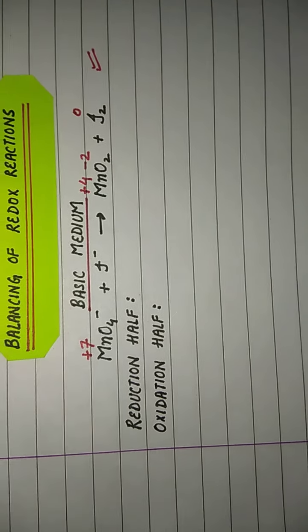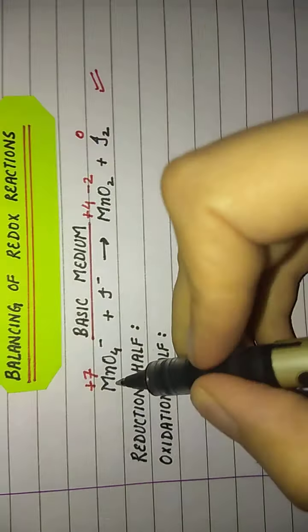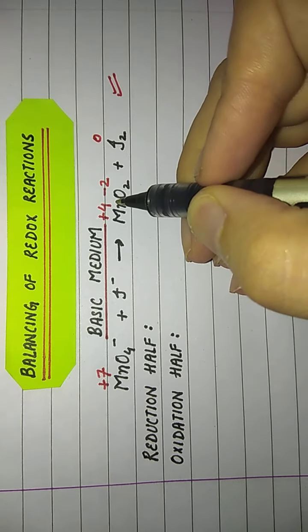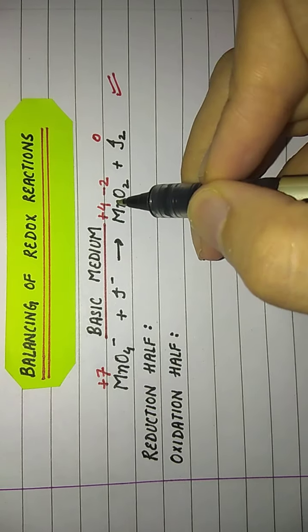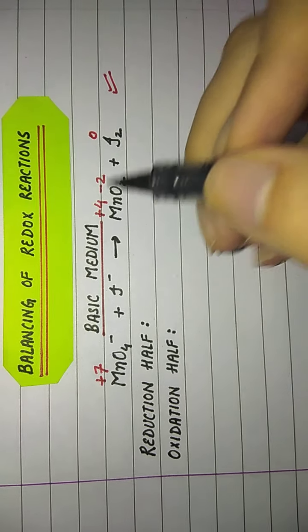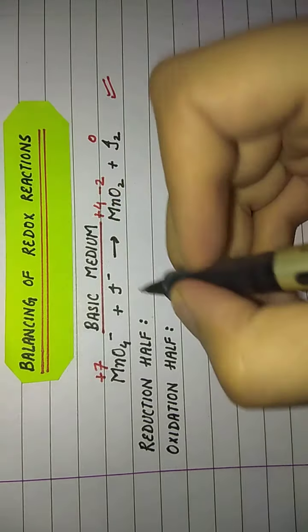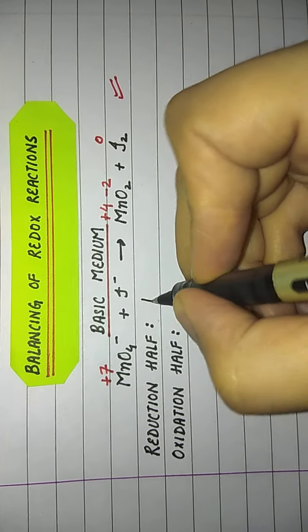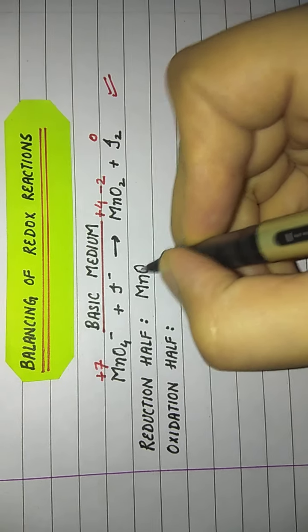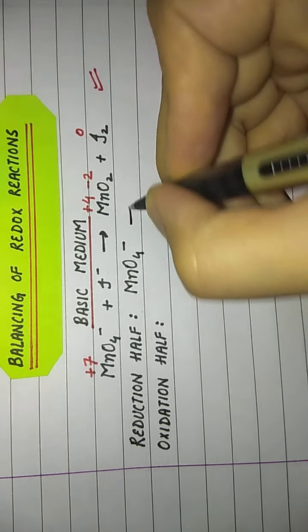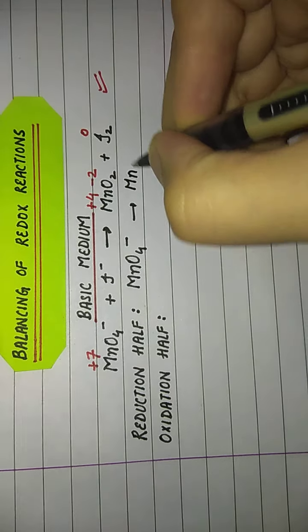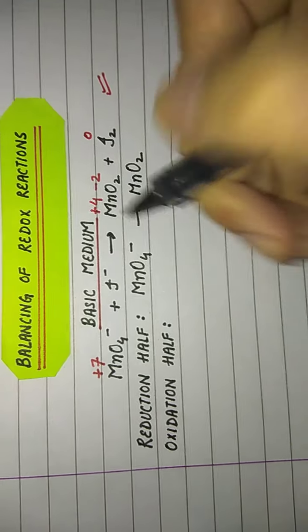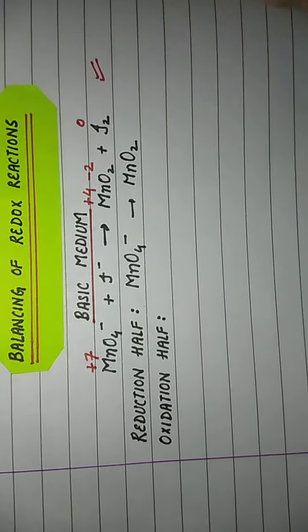So quickly we can see that manganese is moving from +7 to +4. +7 to +4 is a reduction, a decrease in oxidation state. So the reduction half will be MnO4⁻ giving MnO2. From here let's check the rest.